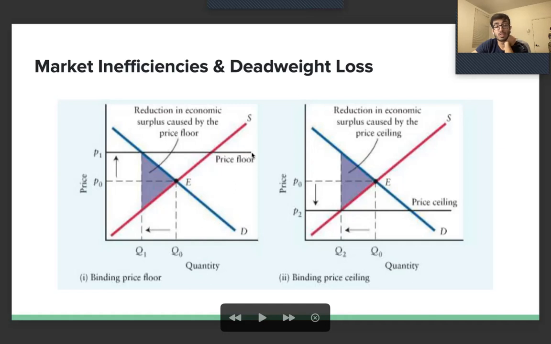But the moment we put a price floor or a price ceiling, we limit the quantity at a lower amount. So here, the quantity that would actually be supplied or bought in the market would be Q1. It doesn't matter if it's demand or supply, it's always the lower quantity at the price intersection.